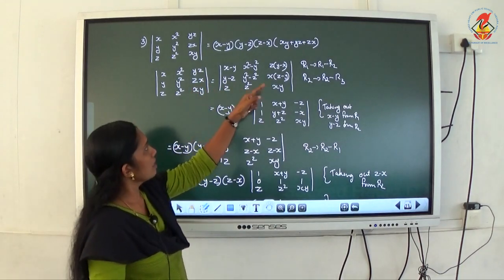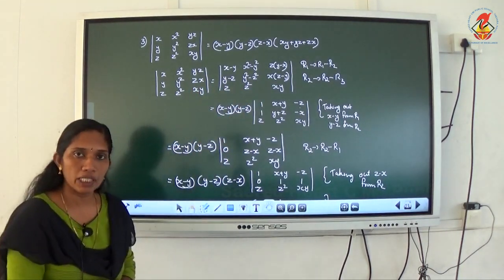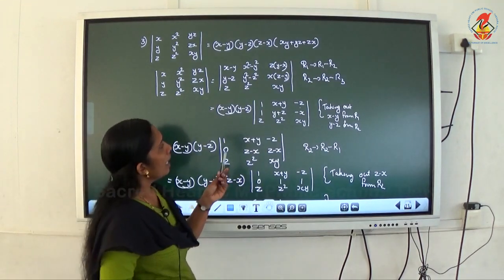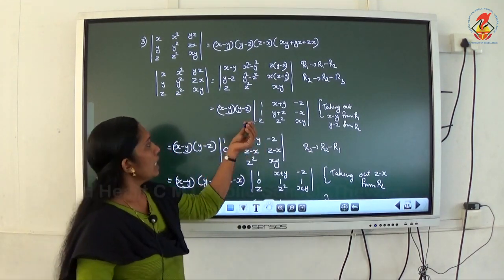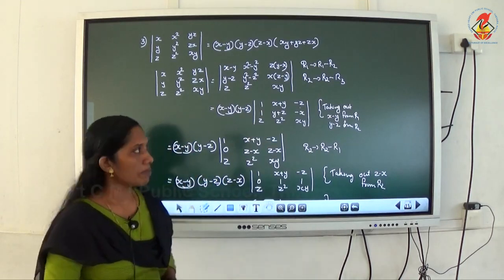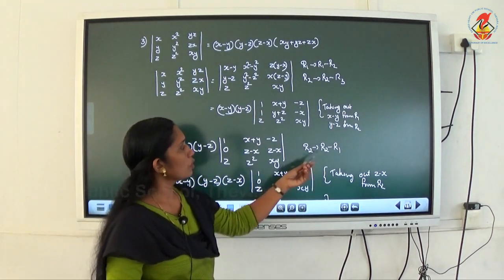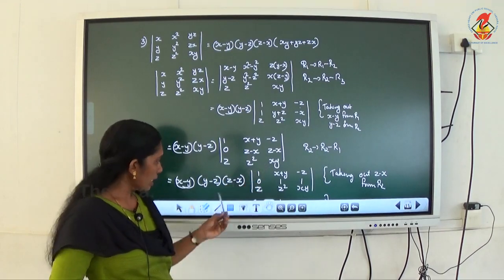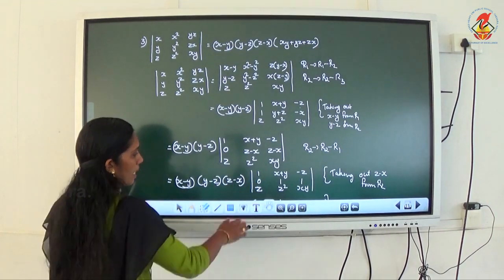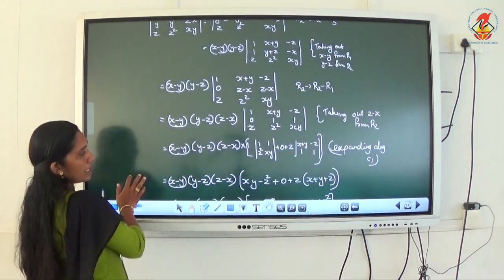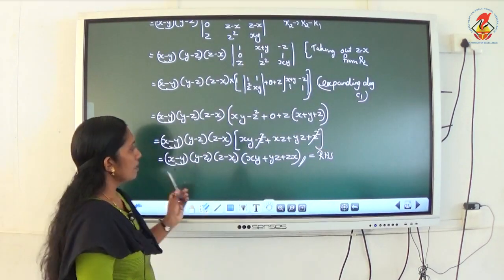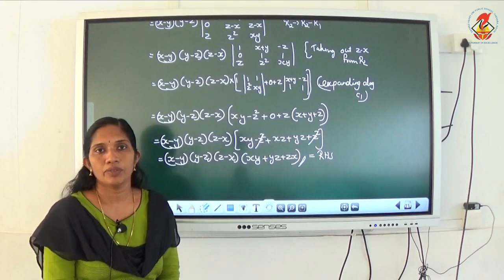Then from the first row, we take x minus y outside, from the second row, y minus z outside. Then again we convert 1 to 0 by R2 implies R2 minus R1. So we get z minus x, that we take outside, then we expand. Expanding along C1, then open the bracket, then we get the final answer. Okay.